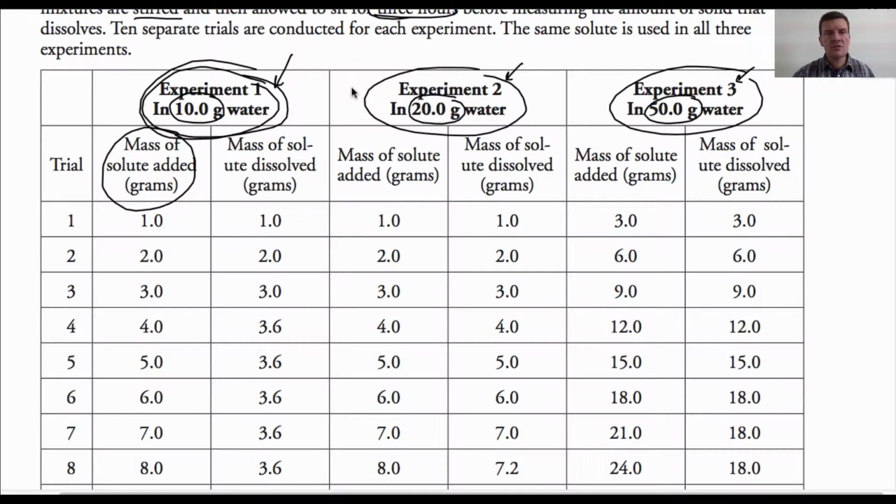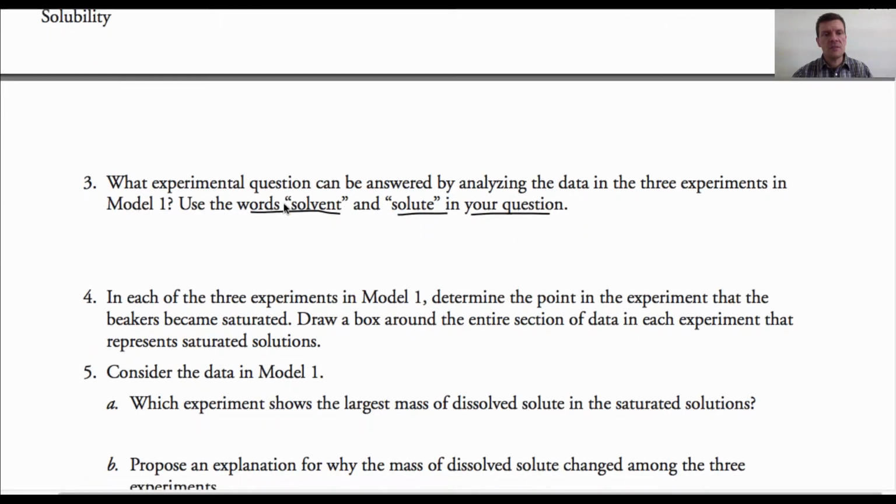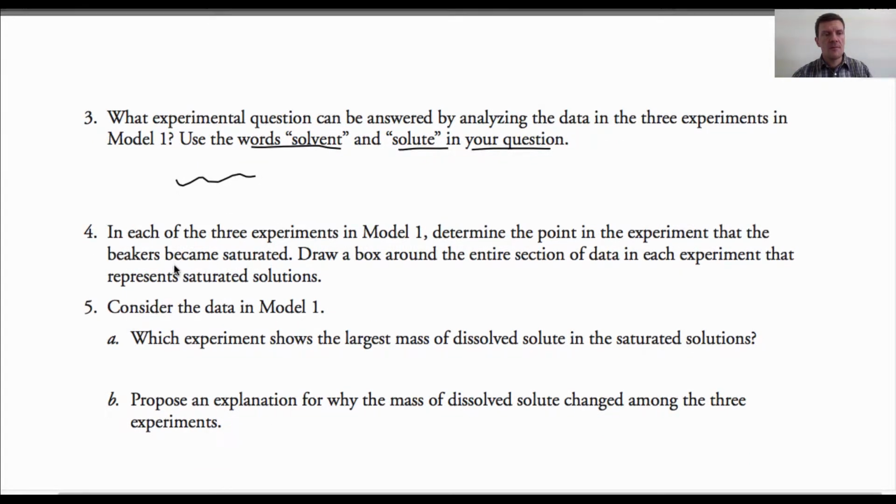Because the amount of water is what's changing here as you compare experiment 1, 2, and 3, and you're trying to see, is more solute going to be dissolved? The saturation level, is the saturation level going to increase if you have more water, more solvent? Okay, so you can write that out.